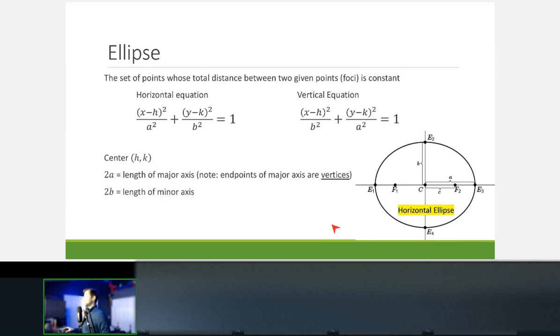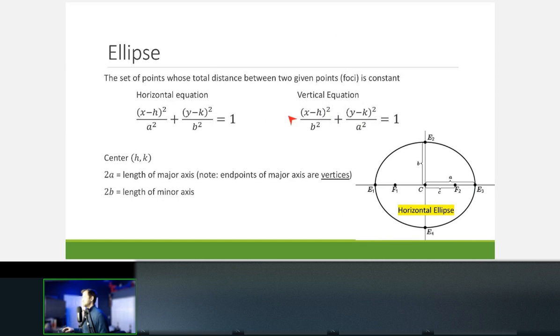All right, more diagrams and equations. We have two equations, one for when your ellipse is horizontal, like this one. This is stretched out in the horizontal direction, so this is that equation. And then you have an equation, which I don't have a diagram for on this page, that if your ellipse was stretched out vertically, if it was longer in the y direction, this would be the vertical equation.